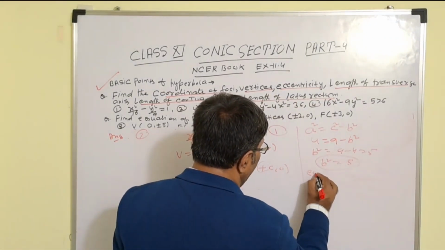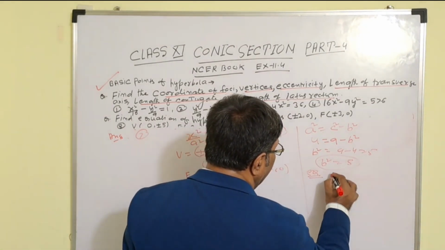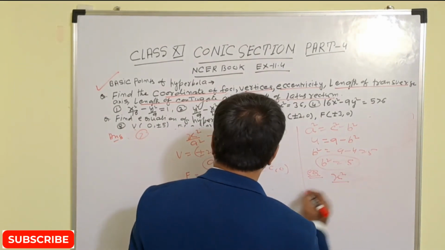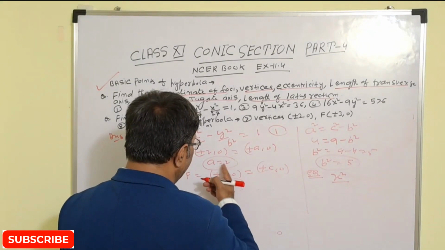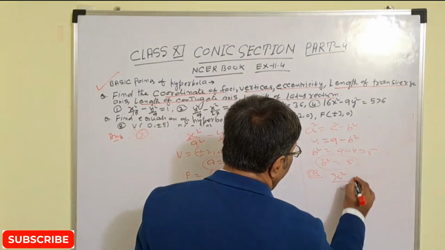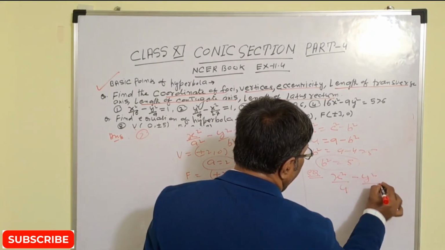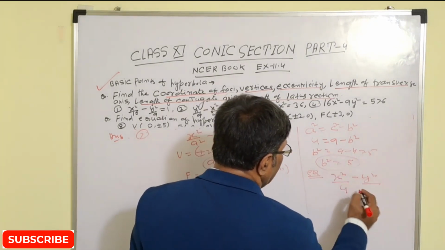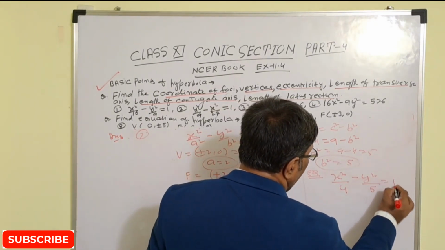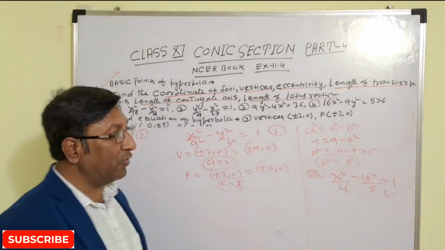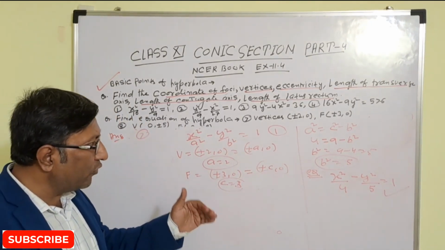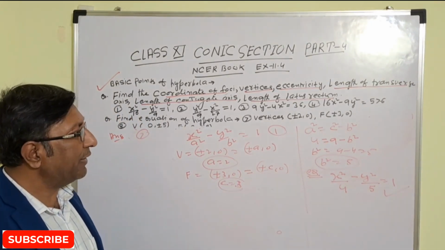It will be x square by a square, where a square is 4, minus y square by b square, where b square is 5, equal to 1. This is the required equation: x square by 4 minus y square by 5 equal to 1.